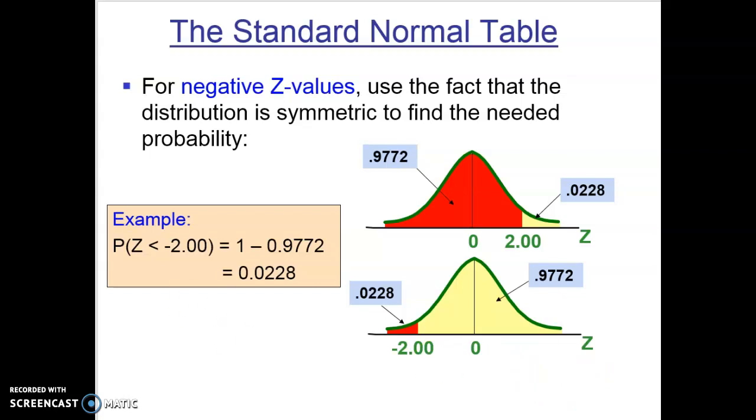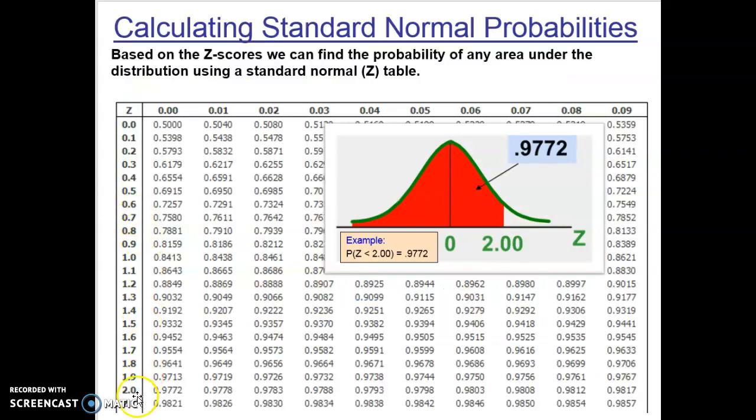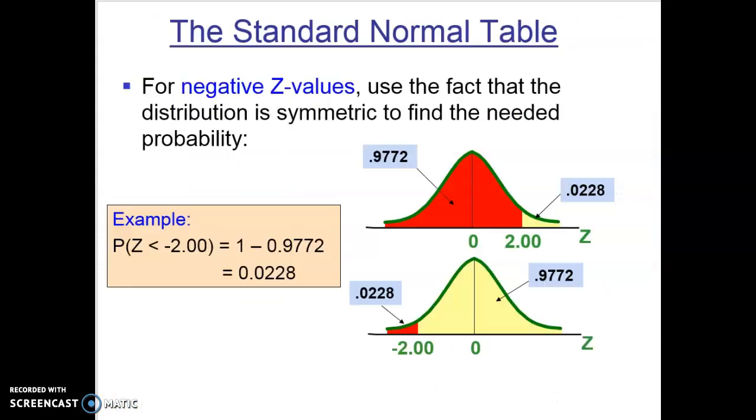For example, if I go back to the table here, we did positive 2.00, which gave us 0.9772. And that was starting from the left side of the tail and going to a positive z-score. So this area here was 0.9772. But if we want to find a negative z-score, negative 2.00, well, it's going to be the same probability, but you're going to be starting on the other side.